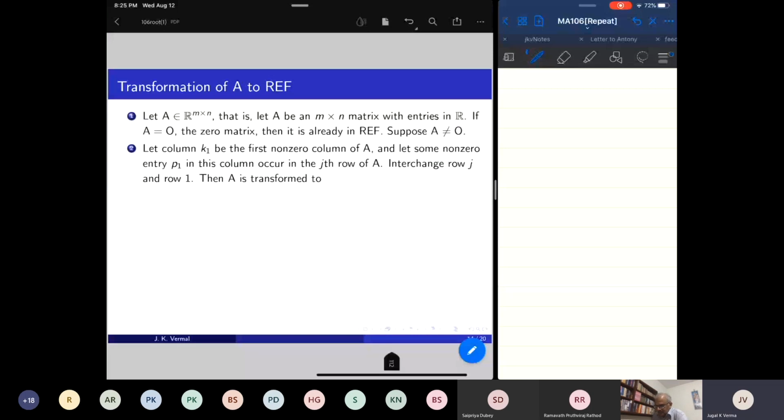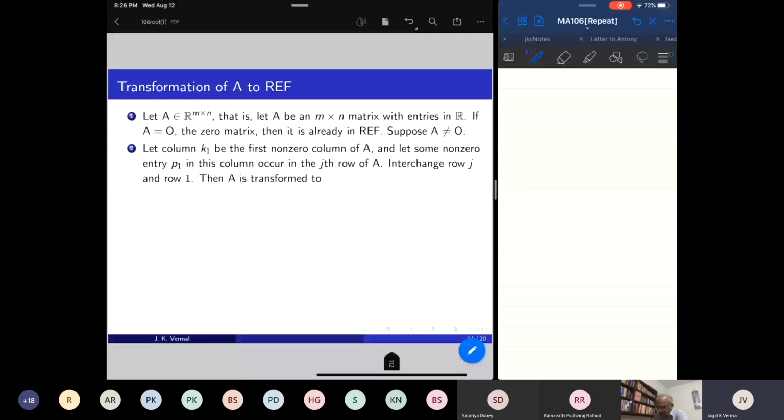Since it's a non-zero column, it has a non-zero entry. That non-zero entry is sitting in a certain row, and all the columns before this are 0 columns.